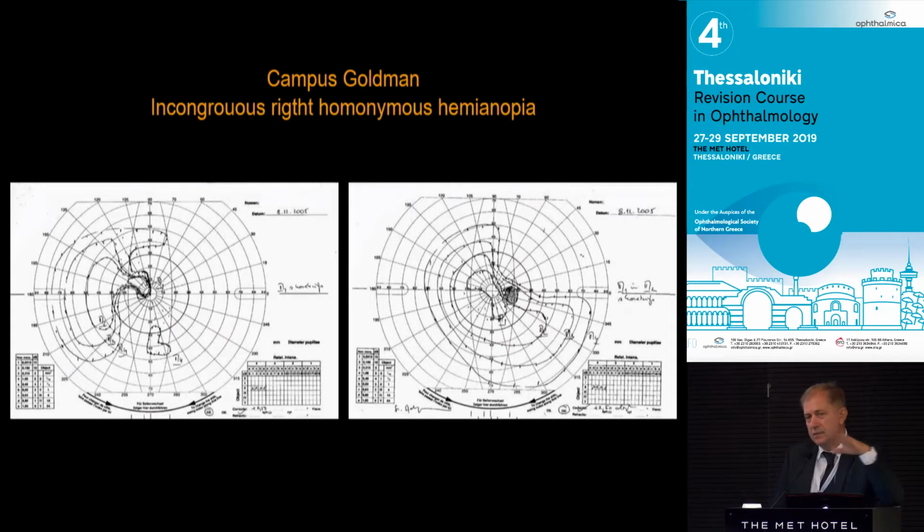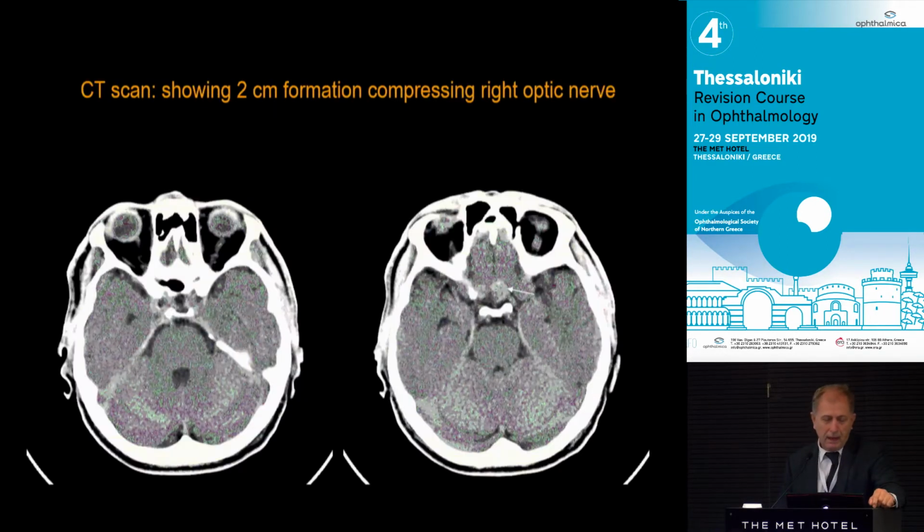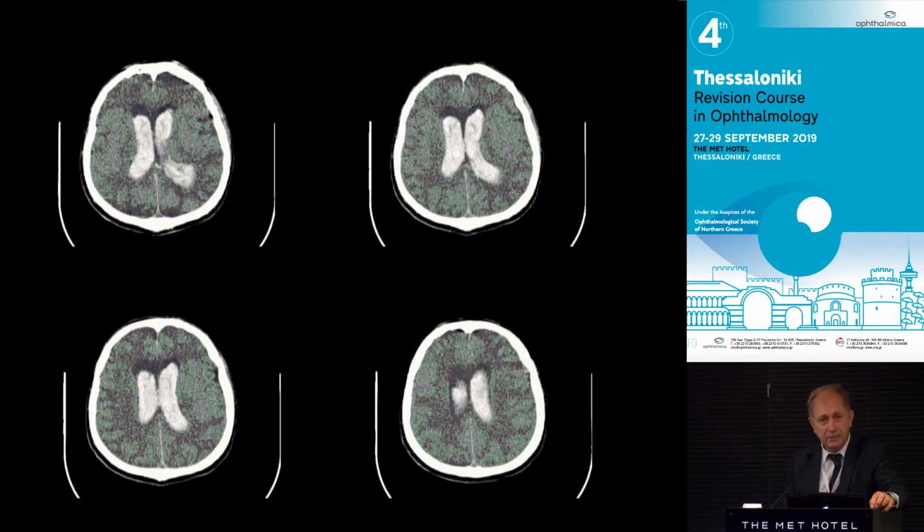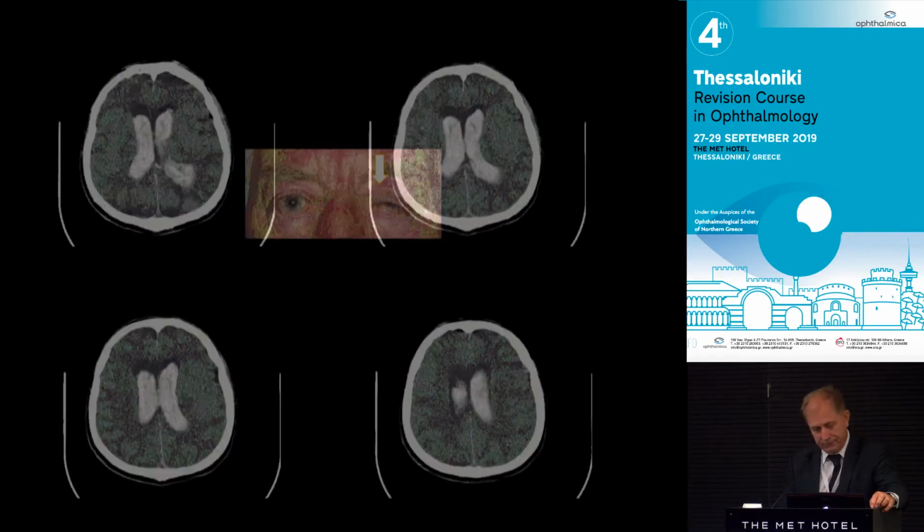This points to the tract, and the tract is always associated with the big vessels. So if you see this type of visual field defect, think about aneurysm and do imaging immediately. He had 4 silent aneurysms, and while he was waiting for operation, he bled spontaneously and died.